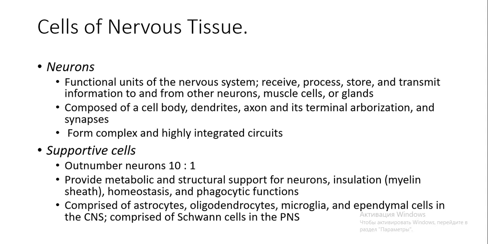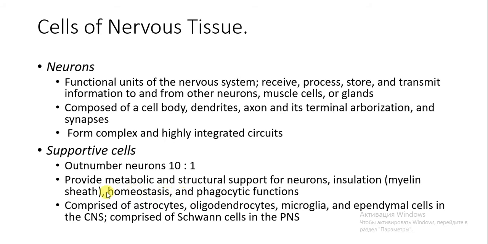For example, okay, let's talk about this. Supportive cells outnumber neurons. There are 10 times more supportive cells than neurons, and usually students forget about the supportive cells, but they play a very important role, especially in diseases of the nervous system. Supportive cells also provide metabolic and structural support for neurons, and they provide insulation.